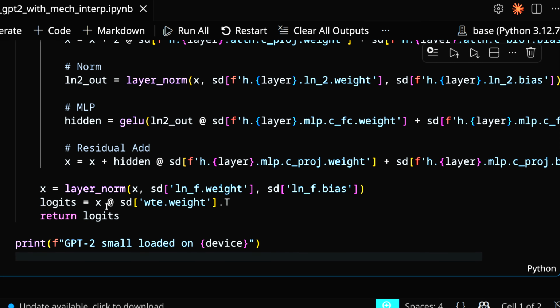Then the output of that is matrix multiplied by the transpose of the word token embedding, so that it can convert it back to sort of the way it started. Then the results of that are output as the logits.